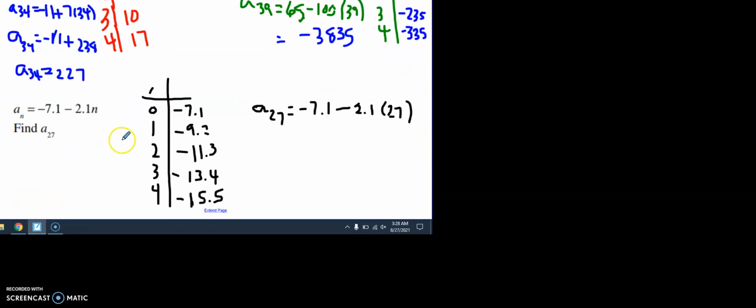In this problem here, we're starting at negative 7.1, and each time the answer is decreasing by 2.1. Or if I stick in negative 7.1 minus 2.1 times 2, for example, I'll get negative 11.3. I would take negative 7.1 minus 2.1 times 3, I'll get negative 13.4. Here they want you to find the 27th answer.